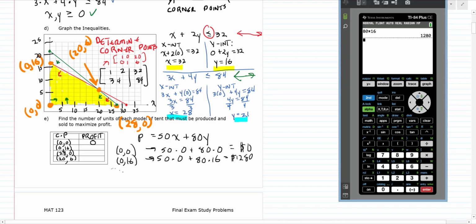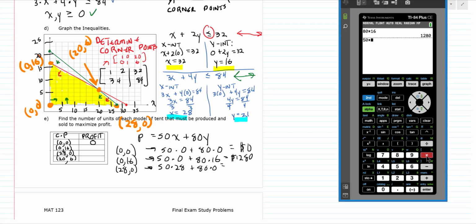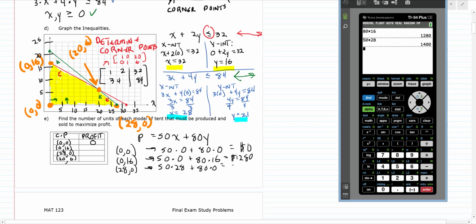Okay, then test the next one, 28, 0. You will end up going 50 times 28 plus 80 times 0. Work that out. So 50 times 28 gives you a profit of $1,400. So far, that's the winner. But we got one more to do.